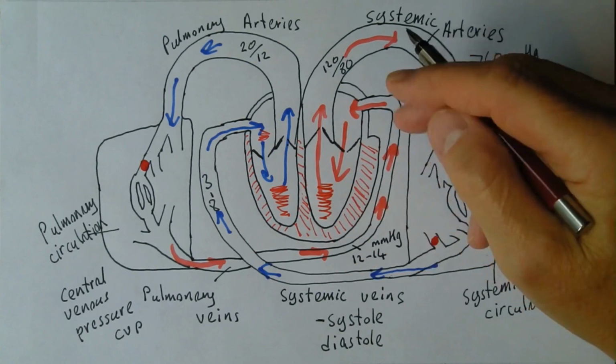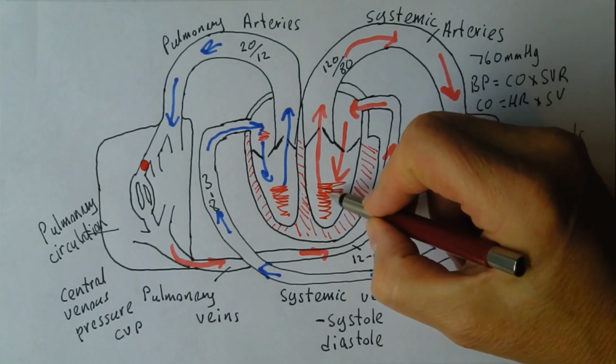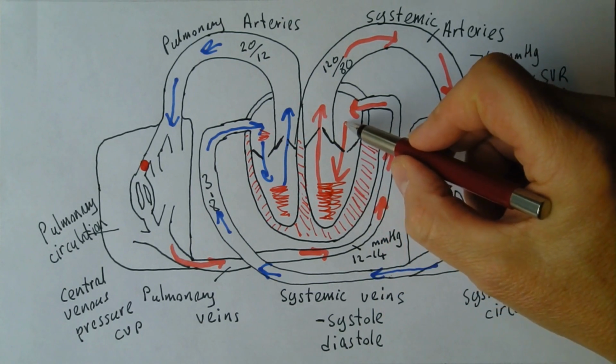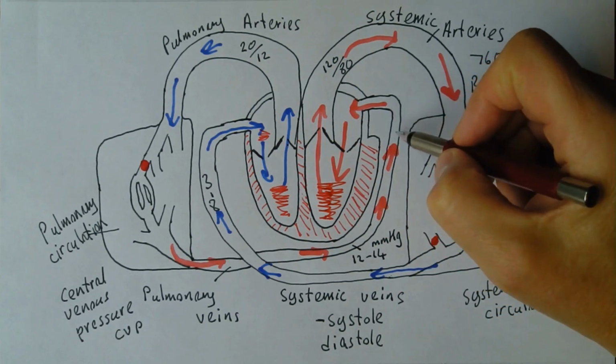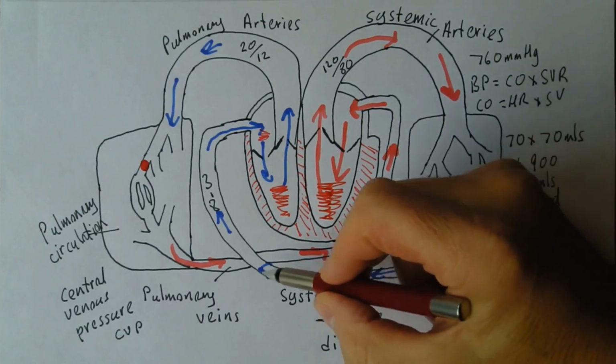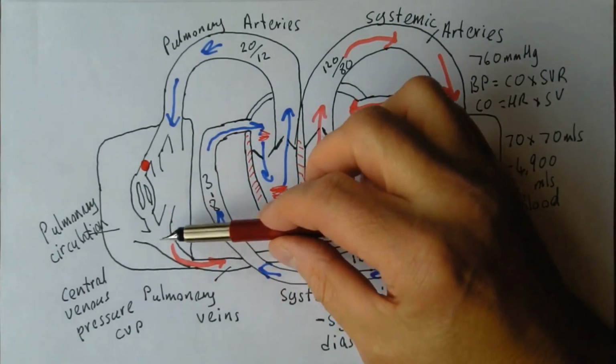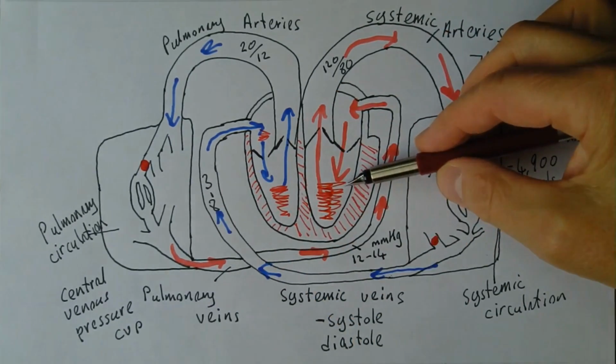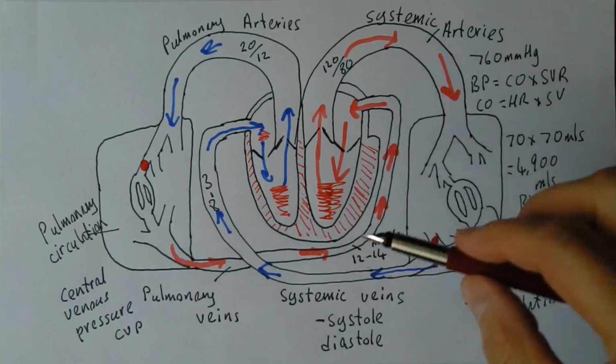There's going to be a damming back. So because the blood's not effectively pumped out of here, because the left ventricle is failing, the blood will dam back to here, will dam back to here. So you're going to get a pulmonary venous hypertension, and that can result in pulmonary edema. So the left ventricular failure can result in pulmonary edema.